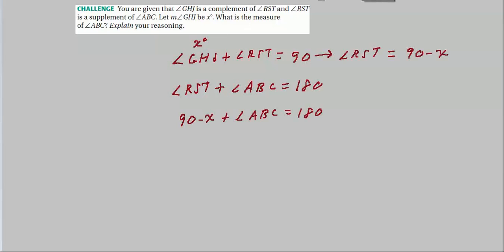Okay, I went ahead and filled in a couple of things to save a little time. If we're going to refer to angle GHJ as x, as the measure, and did I do that wrong? Remember, you got to put the m in front of there to make sure that everybody knows you're talking about measure.